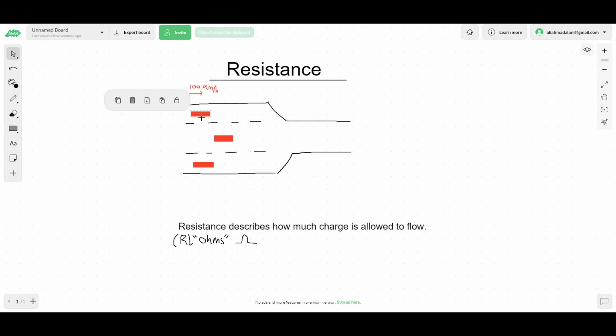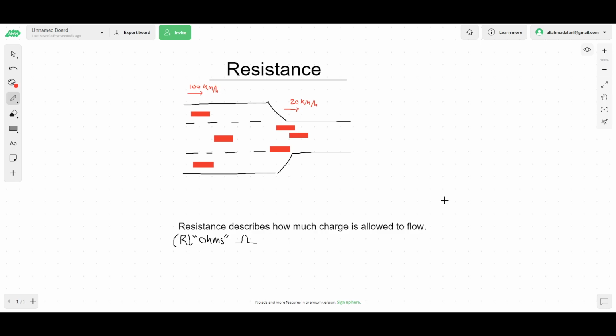Of course, what you can imagine is that the cars will have to slow down to allow each other to pass through without crashing into each other. And they were going 100 kilometers an hour before, but now they're going to have to go a lot slower so they don't crash into each other, maybe 20 kilometers an hour.